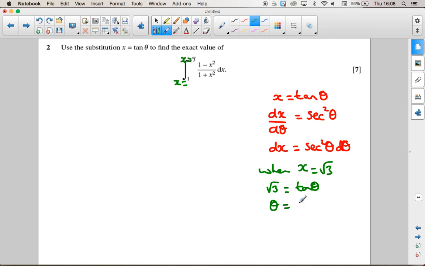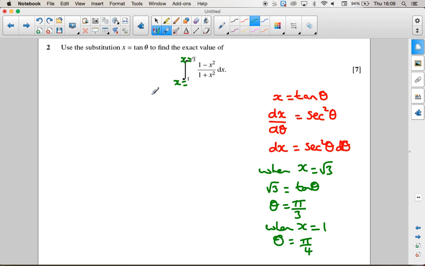Inverse tan of root 3 is pi over 3. And when x equals 1, the inverse tan of 1 is pi over 4.